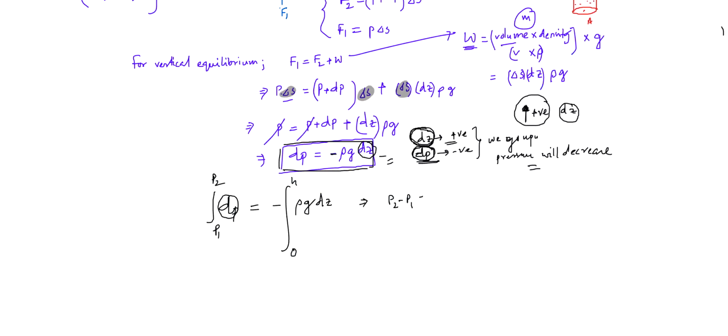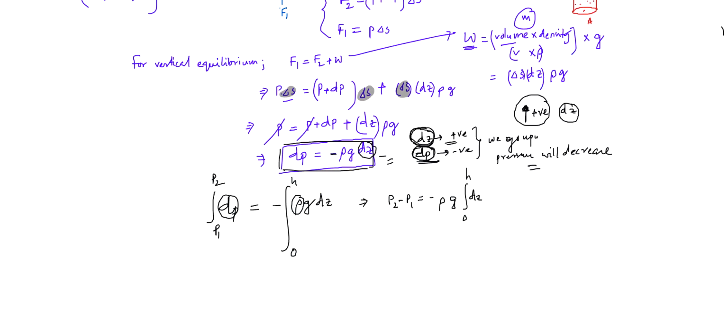This rho is a constant because we are considering an ideal, incompressible fluid, so the density will be constant and rho comes outside the integration sign. g is a constant, so g also comes out of the integration sign. It becomes the integral of dz from 0 to h, right?